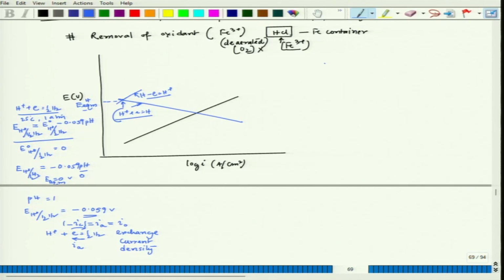This particular point corresponds to i naught for hydrogen, and the reaction always happens on a metal surface.